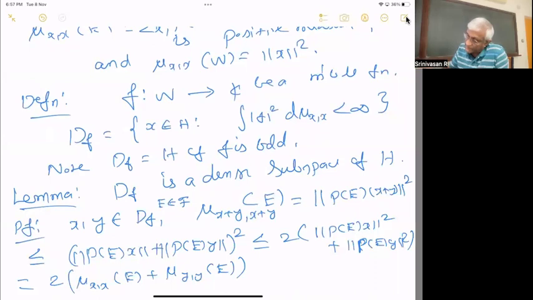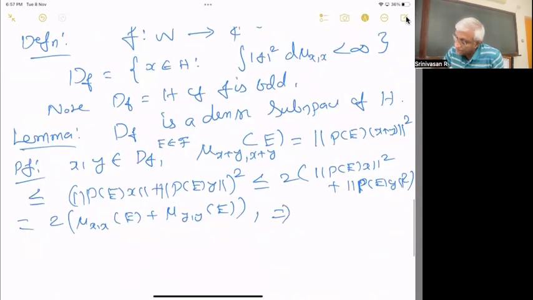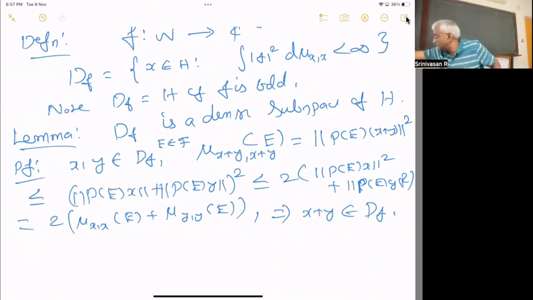So if you integrate a function with respect to the measure μ_{x+y}, that is less than the integral with respect to these other measures. So this implies x+y is in the domain: the integral of |f|² with respect to μ_{x+y} is less than or equal to integrating with respect to these. Where is the product?